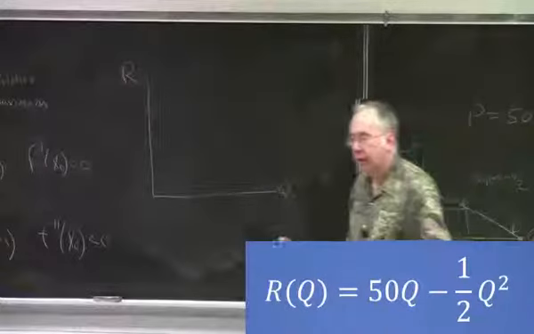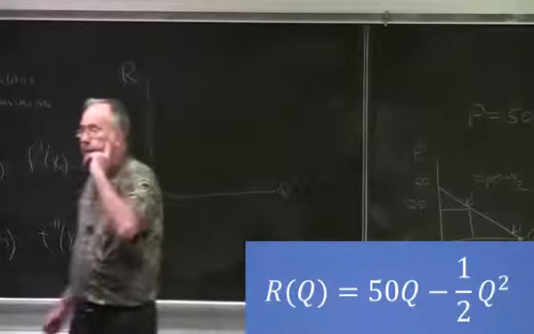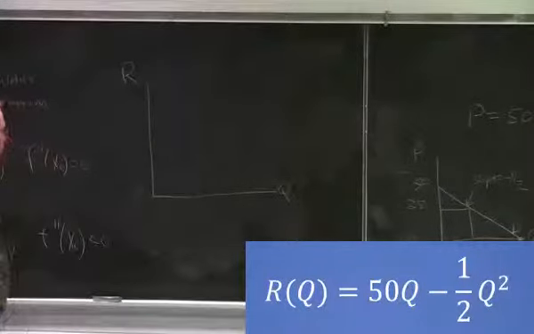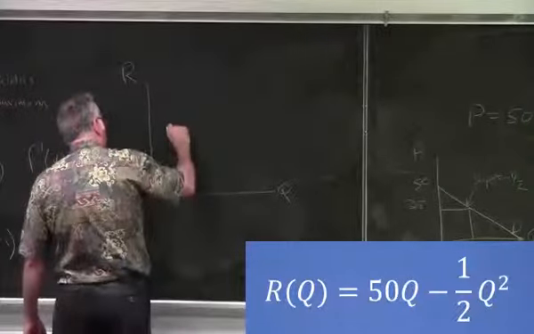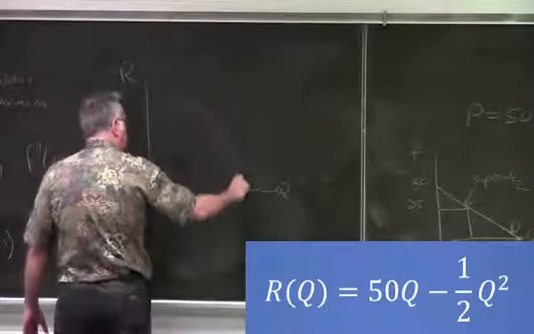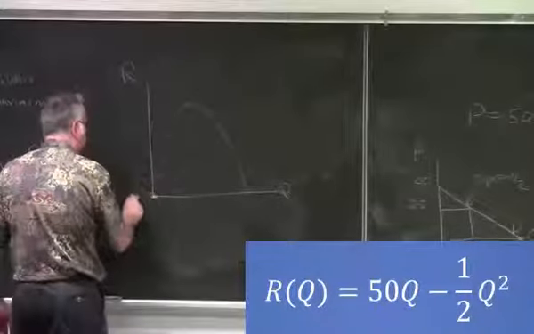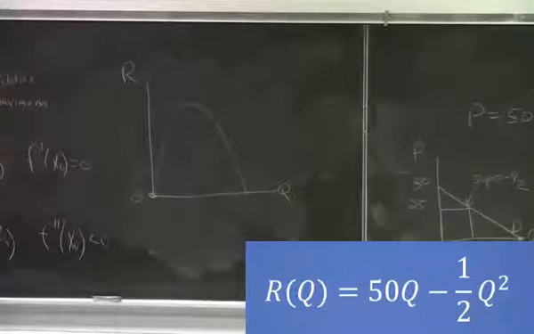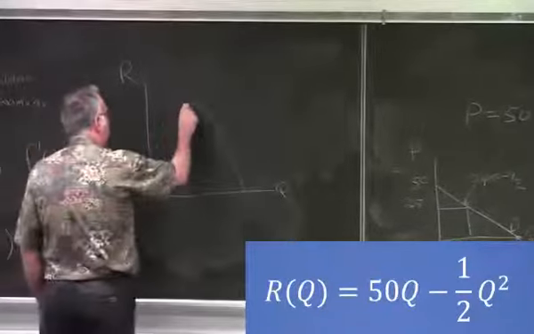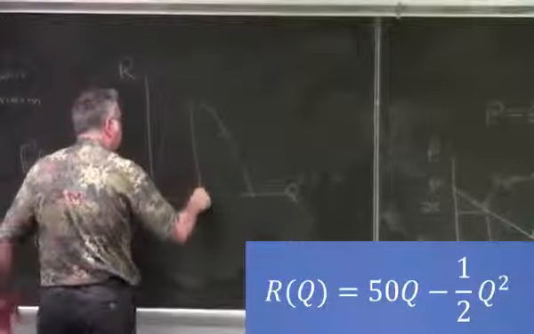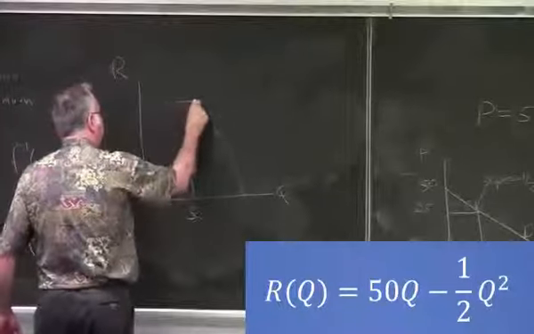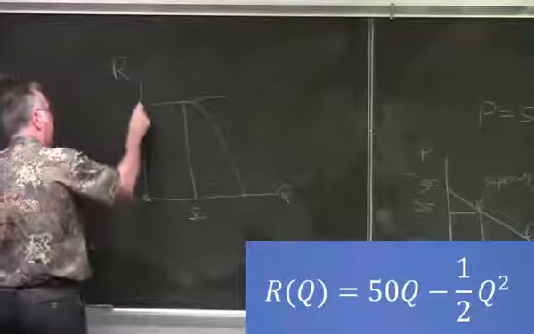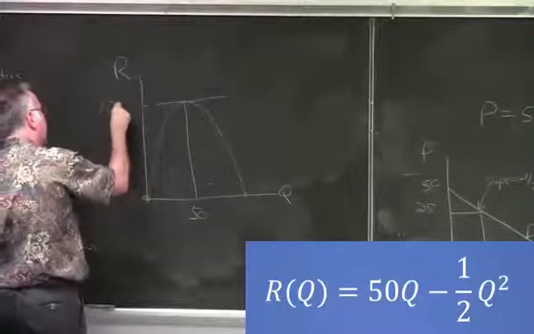Its shape is going to be, Andrew? It's going to be upside down U, yeah. And the graph will just look like this. Obviously, at Q equals 0, revenue is going to be 0. And at Q equals 50, 50 is our critical value. We know that the first derivative is 0 there. And we know if we plug in, this is 1,250.